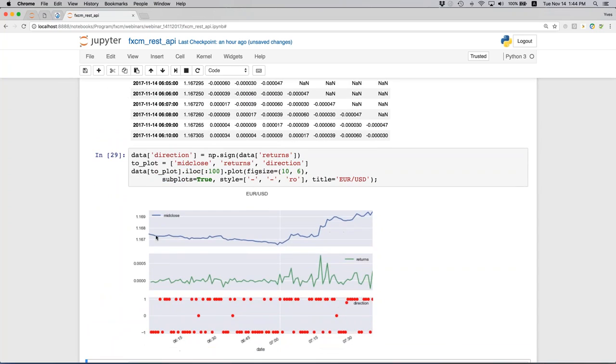This would be my mid-close price, but I'm not really interested in the level itself. These are my returns, some larger, some smaller, but the red dots, this is what I'm after. I try to predict on a minute basis now whether the market goes up or down.